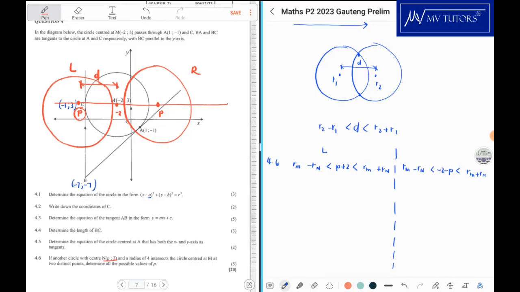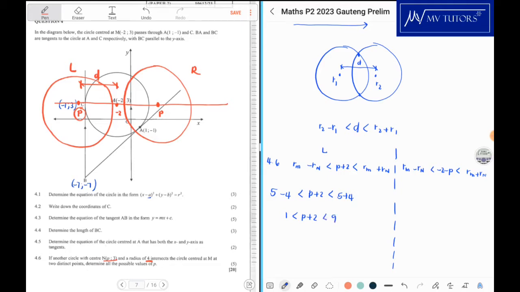So let's fill in all the missing values and see what possible values of p we could have. The radius of m, we've calculated it before, it is 5. And that of n, they gave it to us, it's 4. So we have p plus 2, and again we have 5 plus 4. Basically that's just 1, p plus 2, and that's 9.